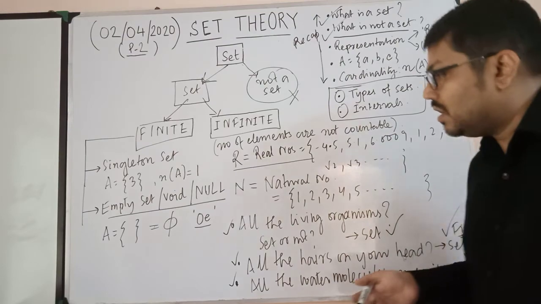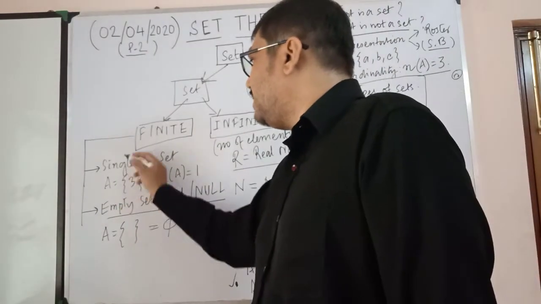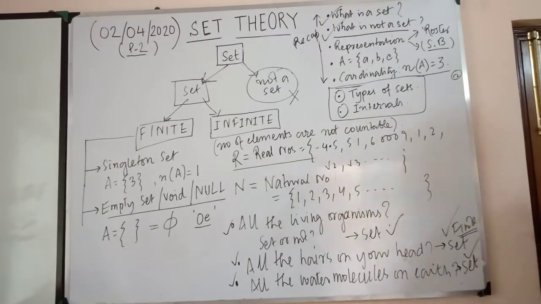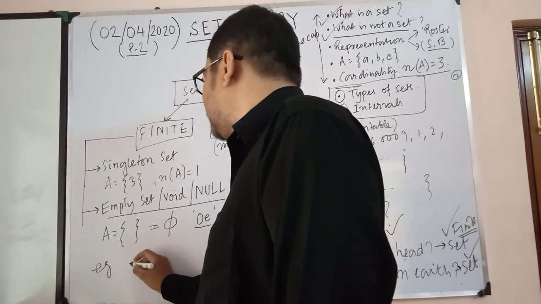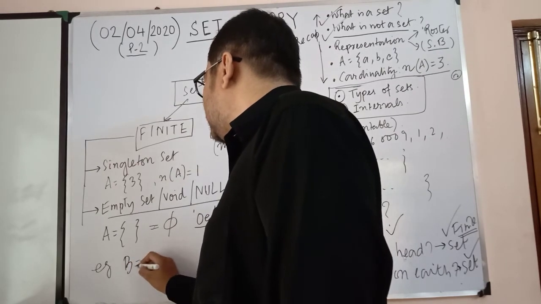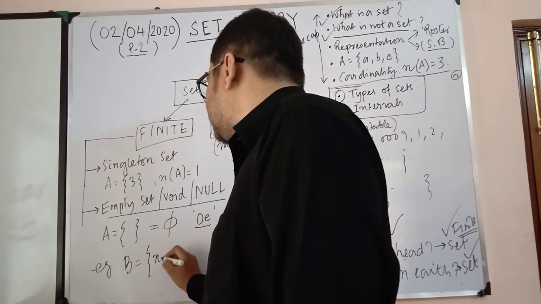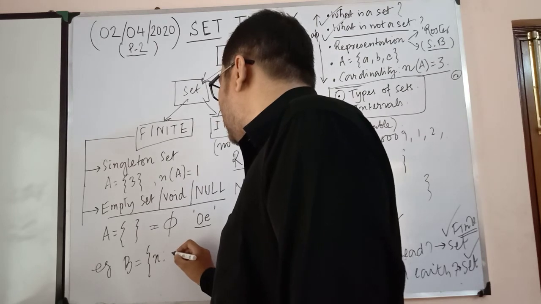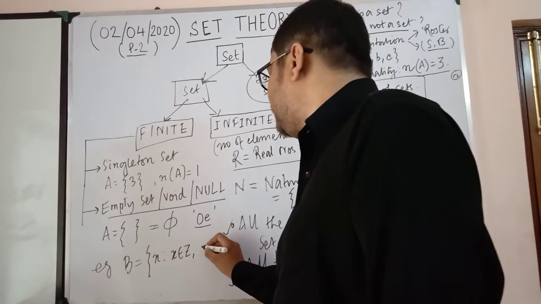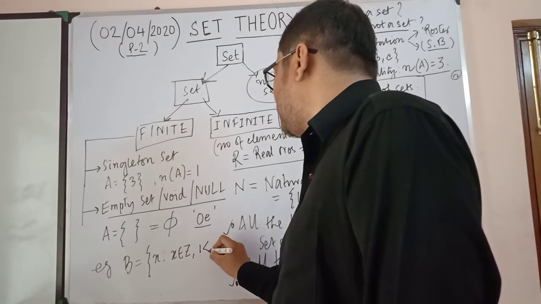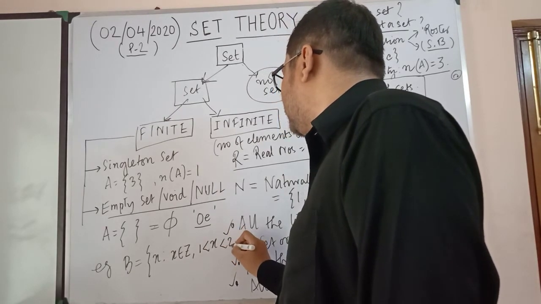Now obviously there is a very fine difference between a singleton set and an empty set. Now if I give you an example that B is a set of X, where X is an integer and X lies between 1 and 2.